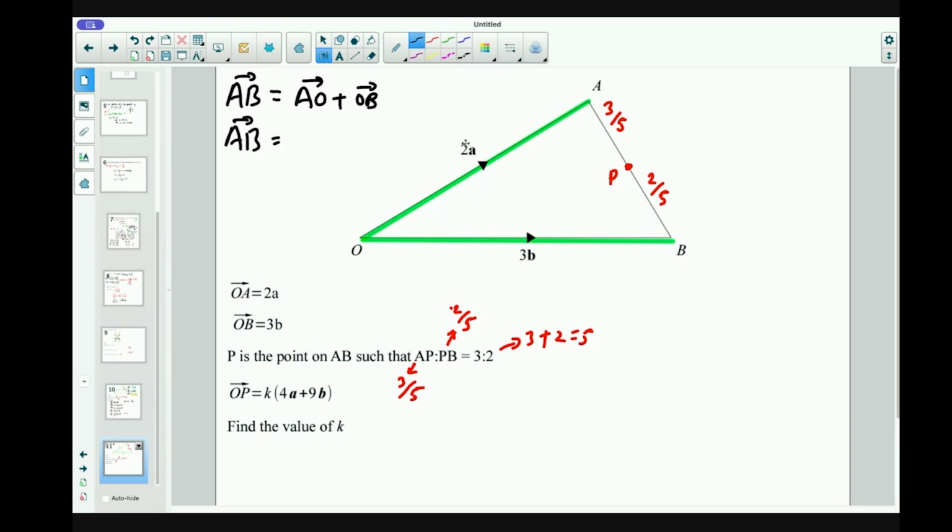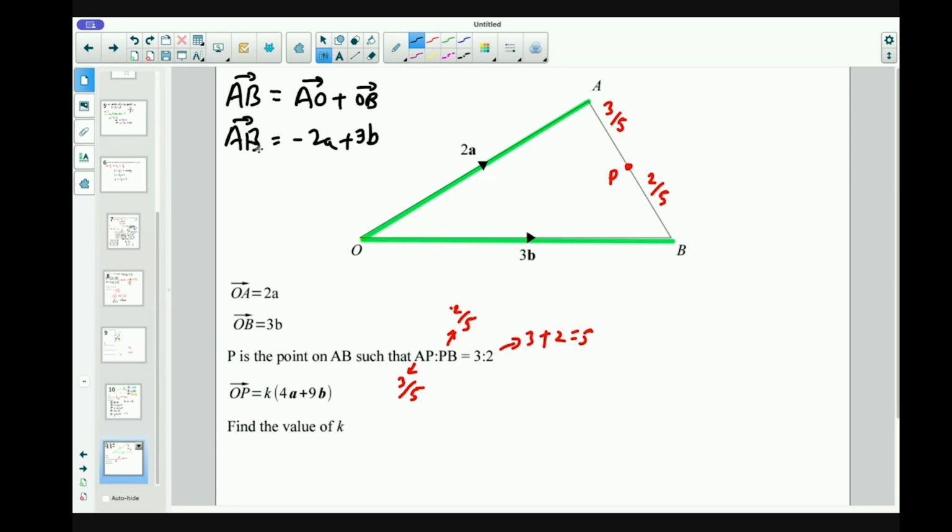We can rewrite this as negative 2A plus 3B. It's a negative 2A because we're going the opposite direction of that given vector, so instead of 2A, it's now negative 2A, plus that 3B.